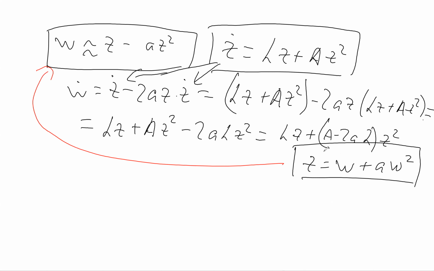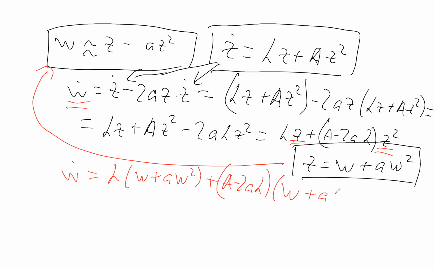But now we need to put it in. So here we have w dot, therefore here we should have w, and here we should have w. So w dot will be equal to lambda times w plus aw squared, plus 8 minus 2a lambda times w plus aw squared.